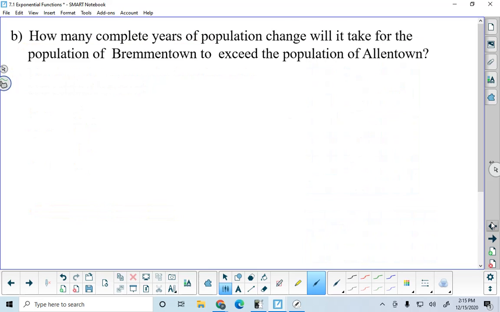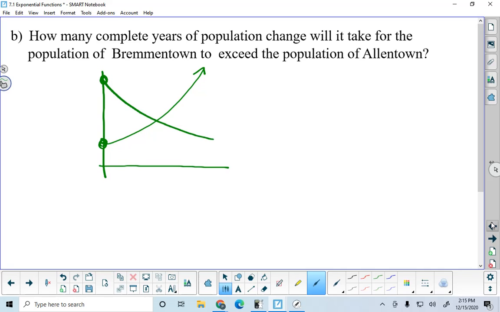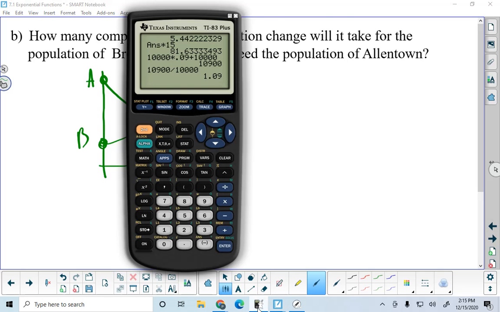And it says, how many complete years of change will it take for the population of Brementown to exceed the population of Allentown? This is Allentown, this is Brementown. We want to know where these two curves are going to cross. So we have to solve this graphically.